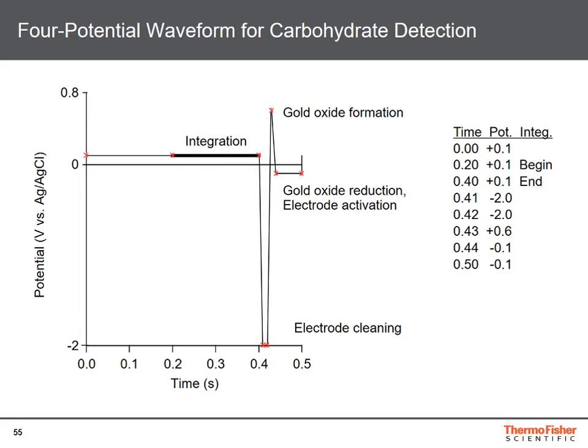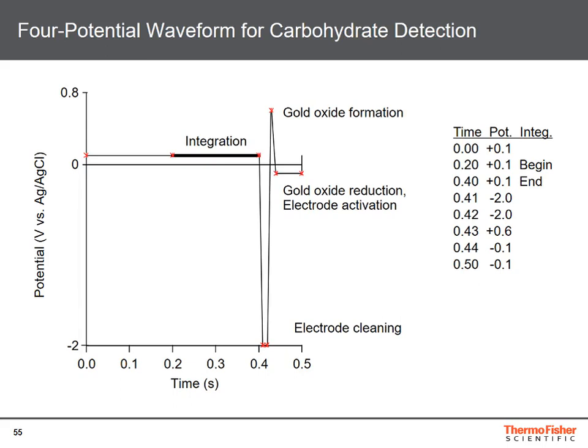After about 200 milliseconds, I start doing data acquisition, and as you can see, we are not measuring the current itself, we are integrating the signal over this period of time so that we are in fact measuring charge, usually in nanocoulombs.